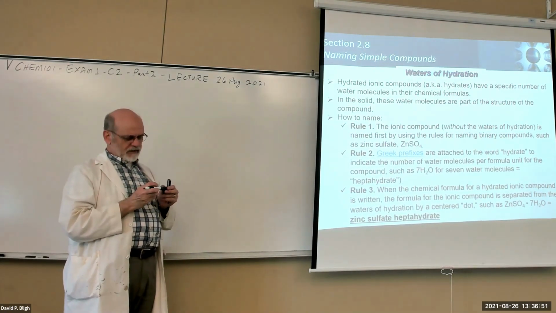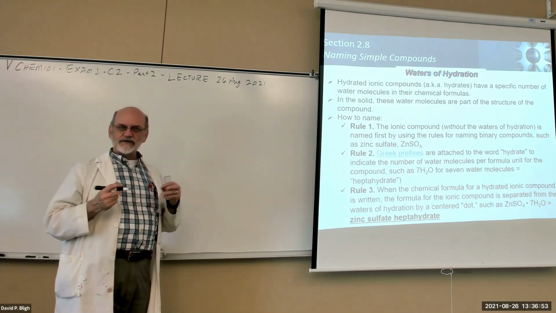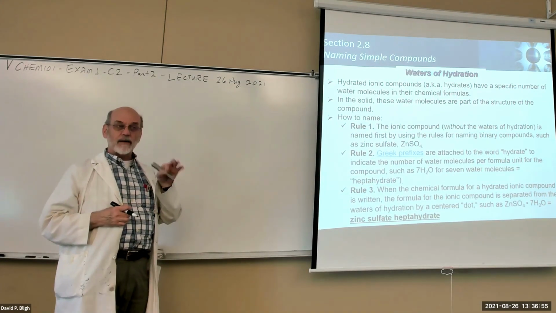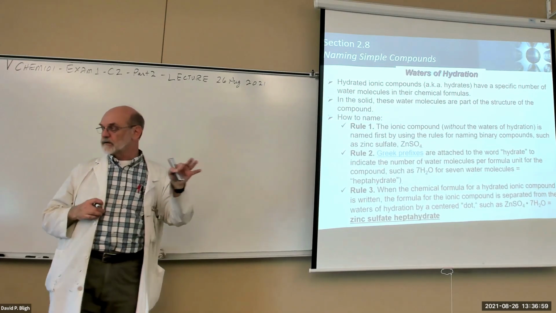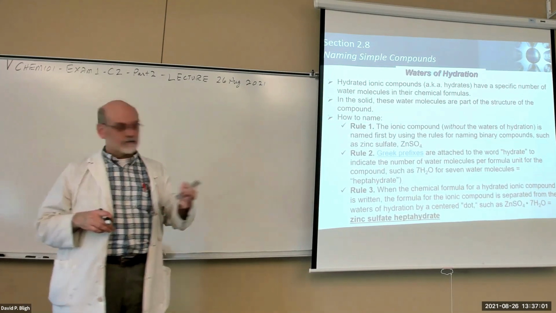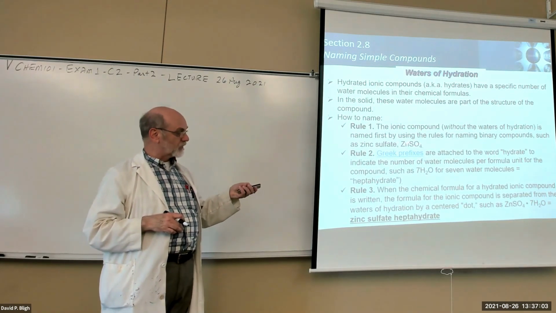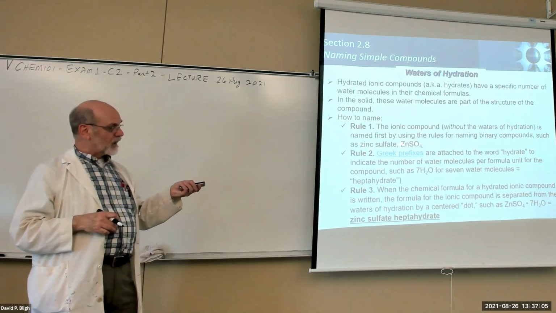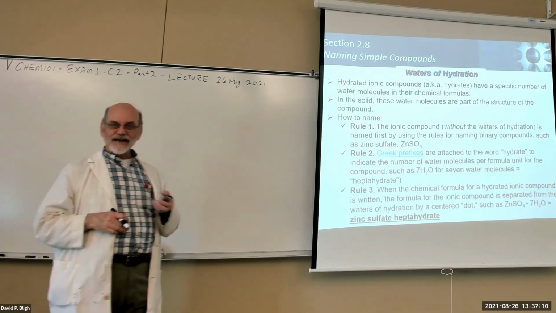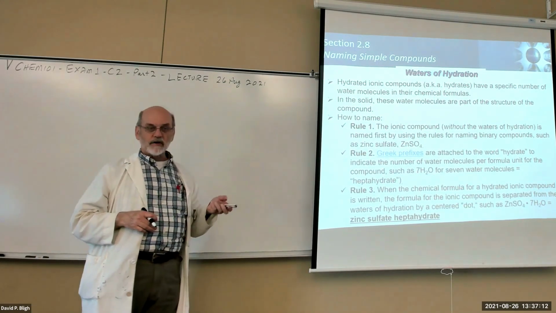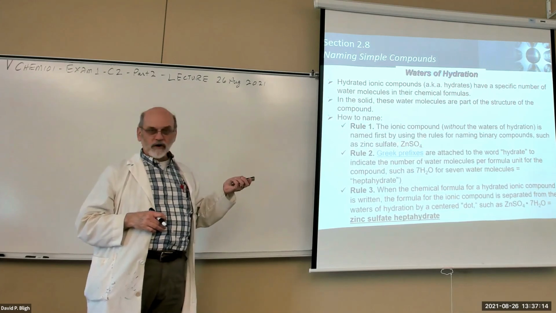Well, not always, but we can define it in terms of ratios of how much water is there per formula unit of the compound. So in this case, zinc sulfate crystallizes with 7 waters per one of those units.